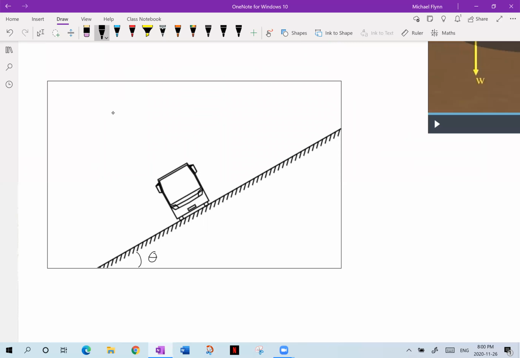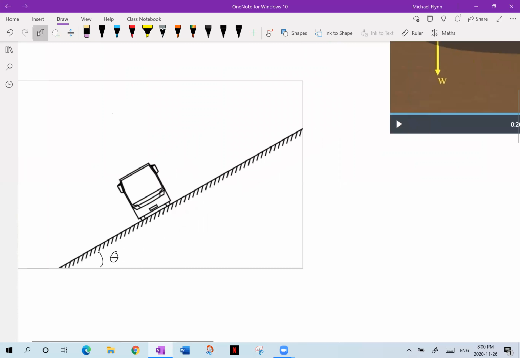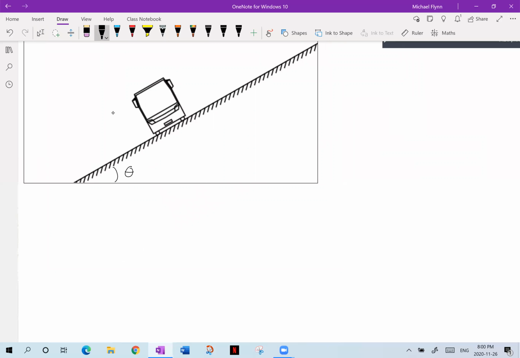So let me just sketch the free body diagram. I'm going to tilt my bus, so it's a similar tilt here. That's horrible. I'm going to tilt the bus like this. And what forces do I have? Well, I have the force of gravity. I have a normal force.